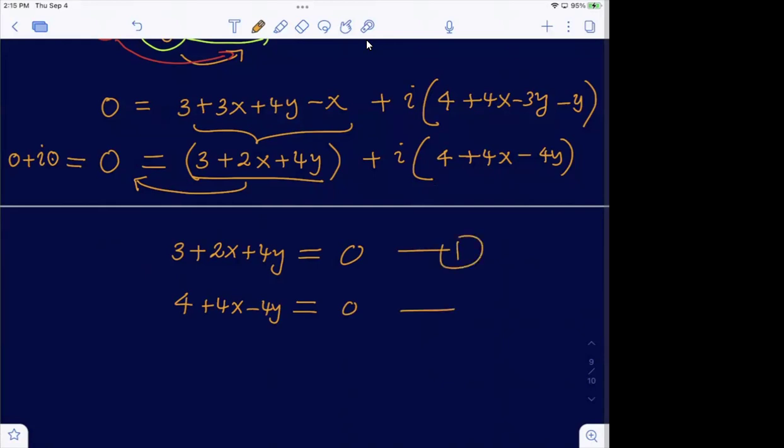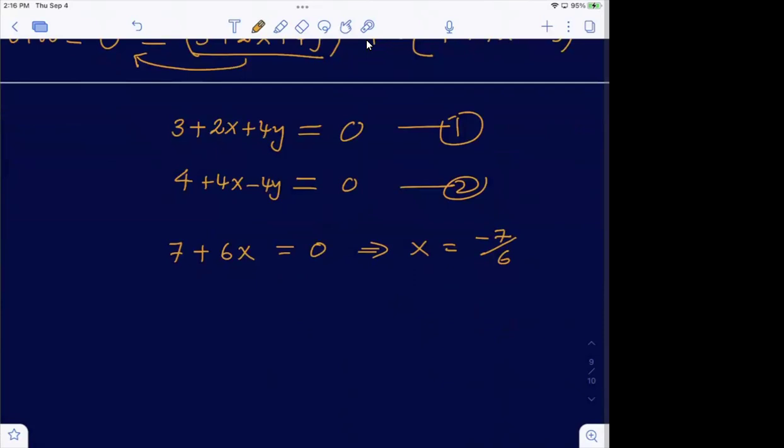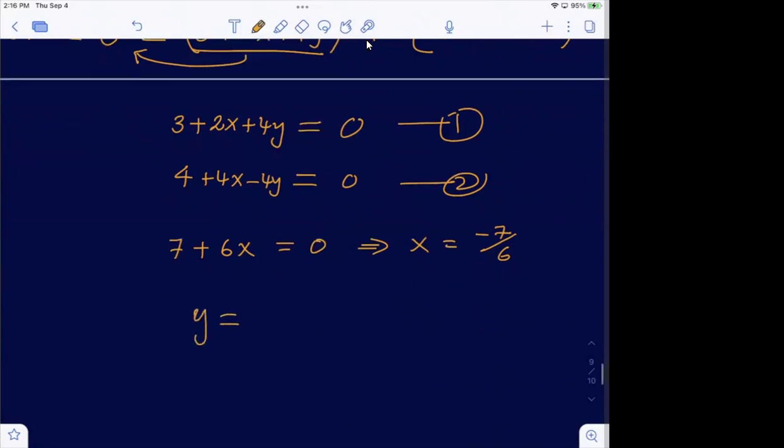You have two equations, and this is now simply algebra. Add these two equations, you're going to get 7 plus 6x, and these two will cancel with each other, equals 0. So x is none other than negative 7 divided by 6. And then once you have this value, you can find the value of y. y is none other than, from equation number 1, leave 4y on the left side and move all the other pieces to the other side and just simplify.